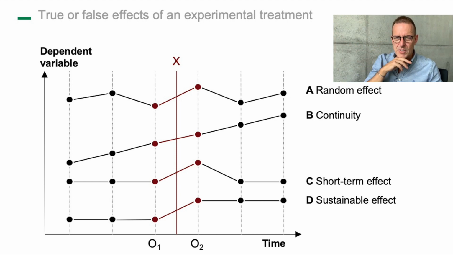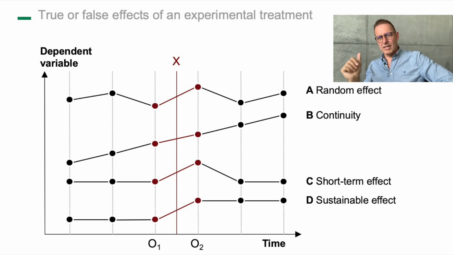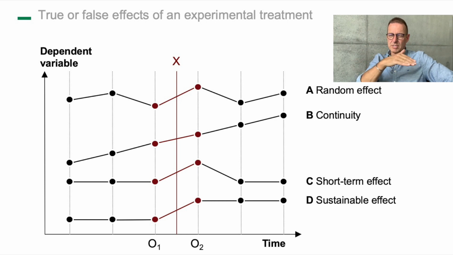When you compare just two measurement points in this sequence, and between these two points you might have an experimental treatment, when can you really say that there is an effect? It's hard to say. Sometimes we have random effects, like statistical regression. There is a natural change.